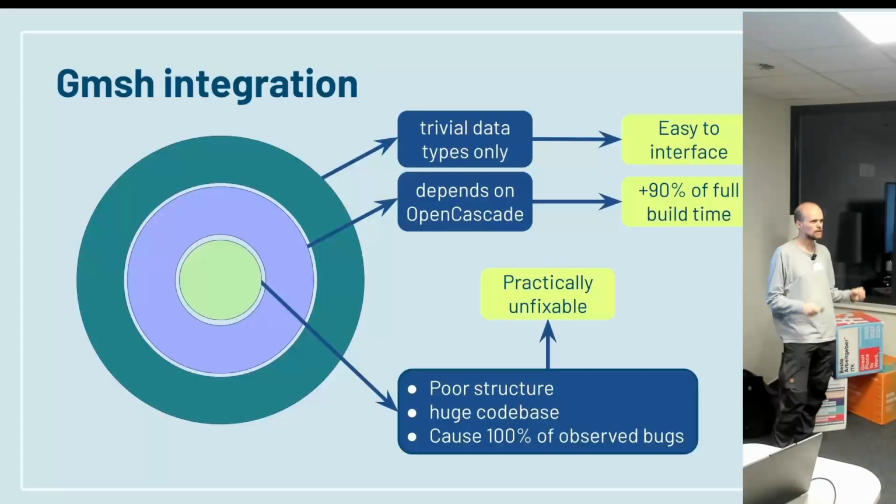So GMesh has a state which mutates with every method you call.